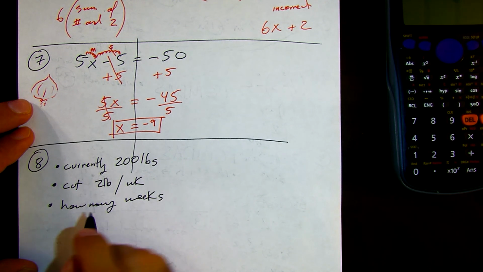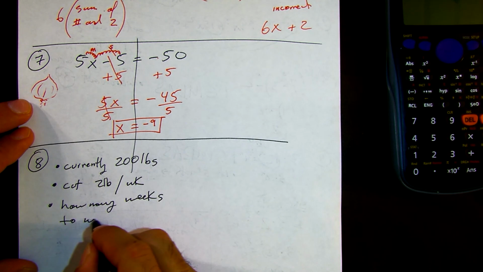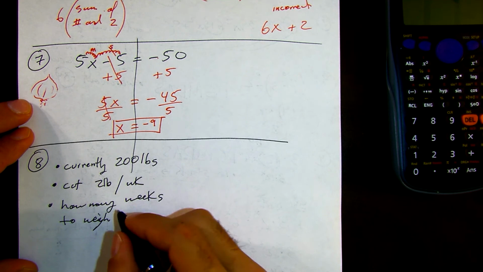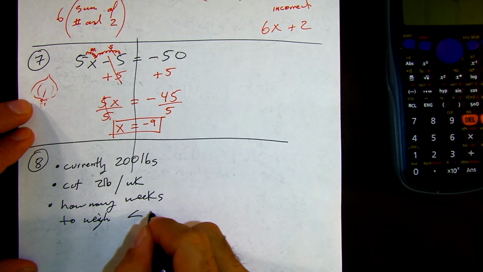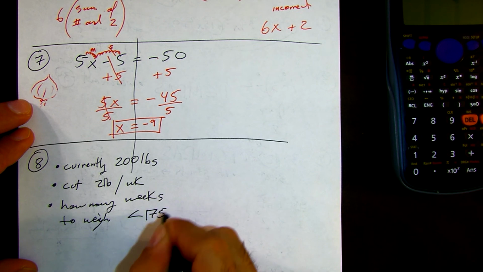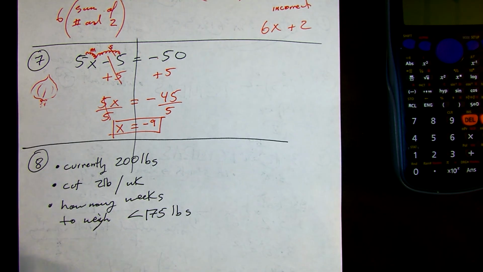Question. How many weeks to weigh less than 175? So you can't weigh 175, you got to weigh less than 175.